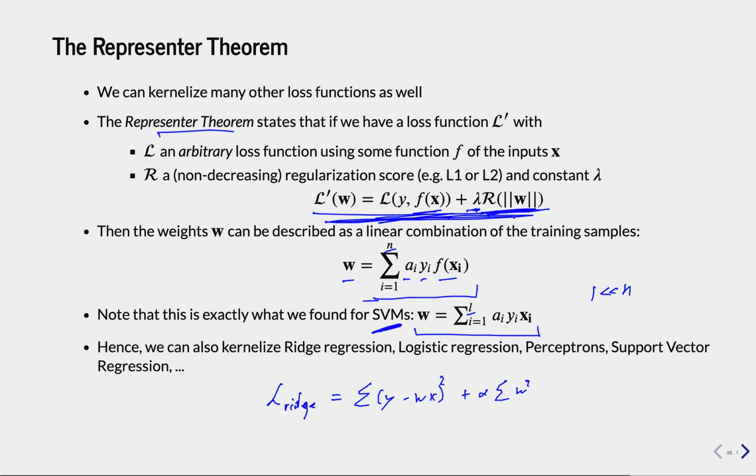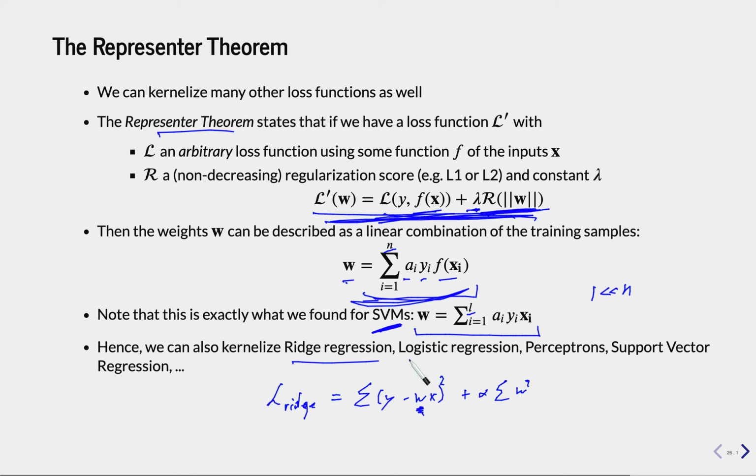This fits this description, right? So this matches this shape. So this means that we can kernelize ridge simply by replacing this W with this linear combination of the inputs.